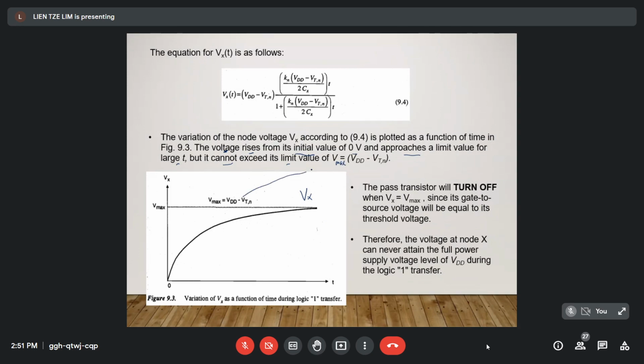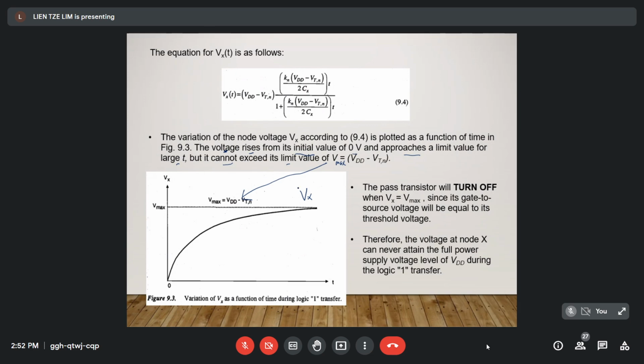The pass transistor will turn off when Vx equals Vmax, since its gate to source voltage will be equal to its threshold voltage. Therefore, the voltage at node X can never attain the full power supply voltage level of VDD during the logic 1 transfer. Okay, there is a problem here.